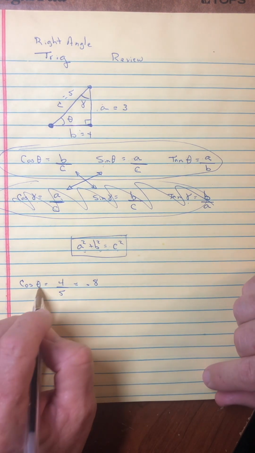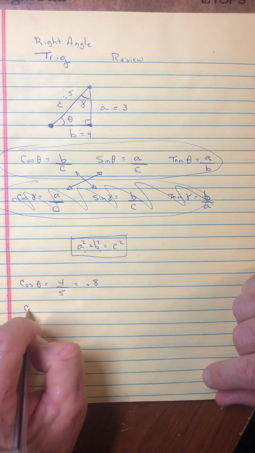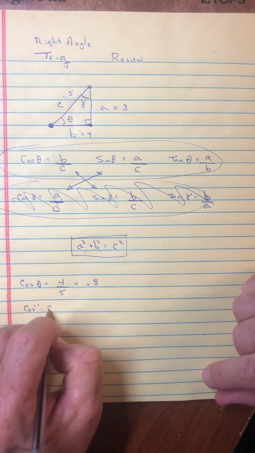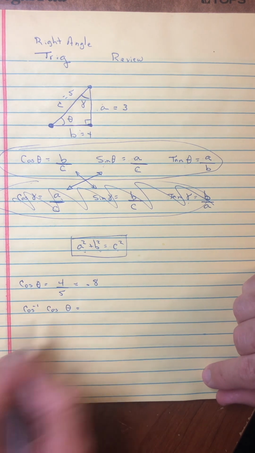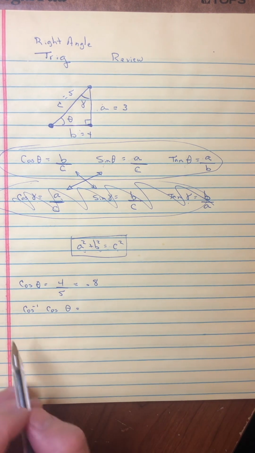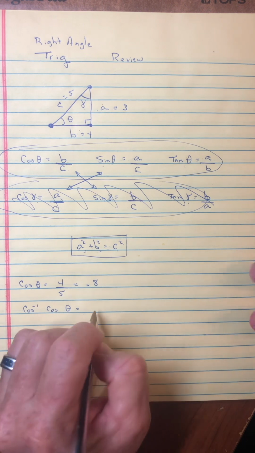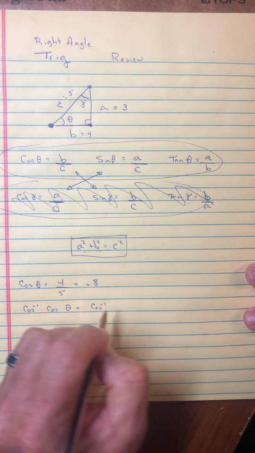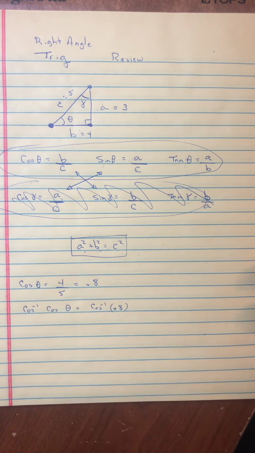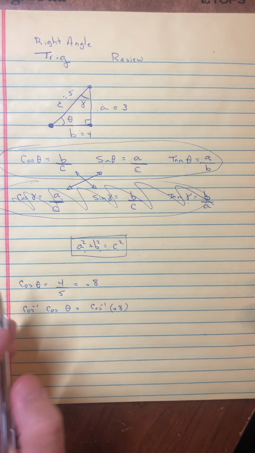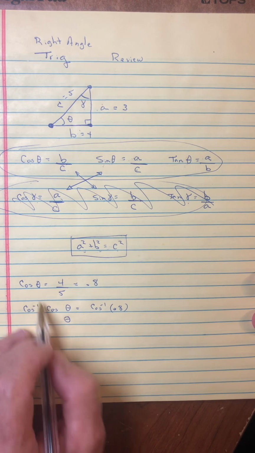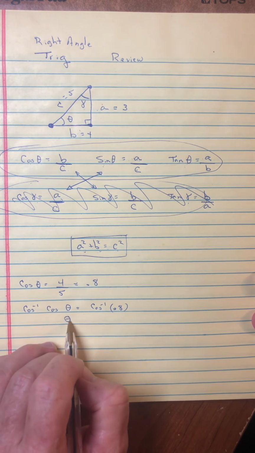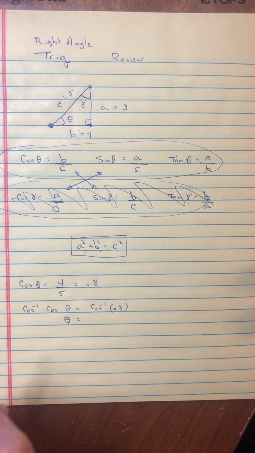And then to get the angle, you undo the cosine function. So this is called the arc cosine function. So I need to do that to both sides. And the whole point is by doing the inverse operator to the cosine, you're left with just the angle theta. That's what I'm trying to find.